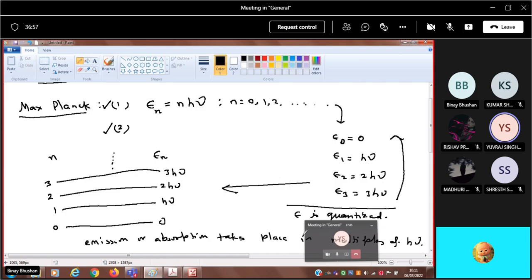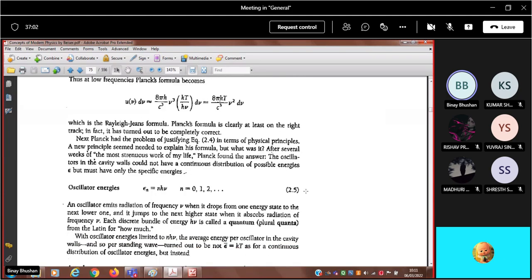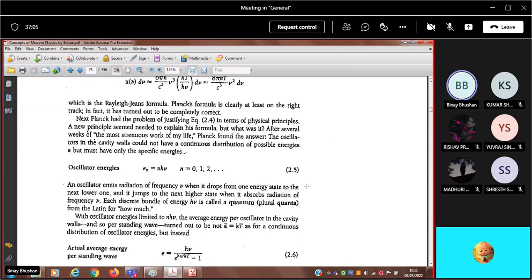Let me repeat, see, the second postulate. Yes, see here, 2.5 oscillator energy. Read this one from here. It says that the oscillators in the cavity walls could not have a continuous distribution of possible energy epsilon, but must have only the specific energies given by this.